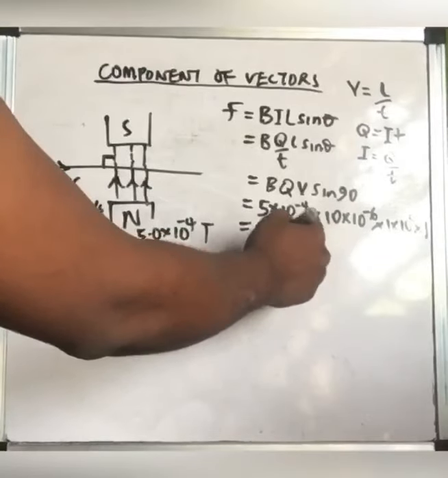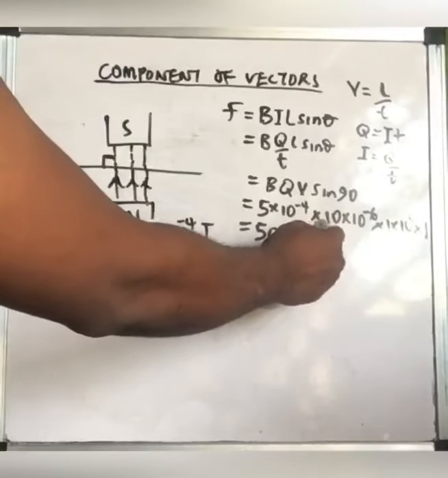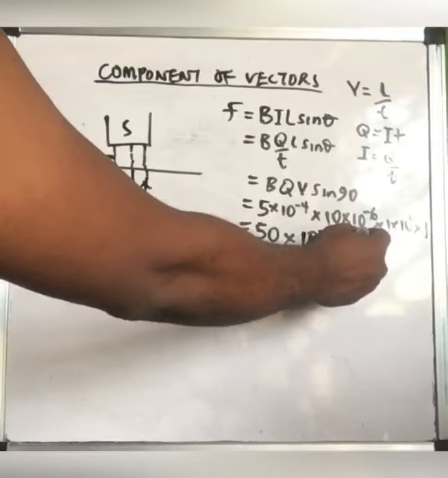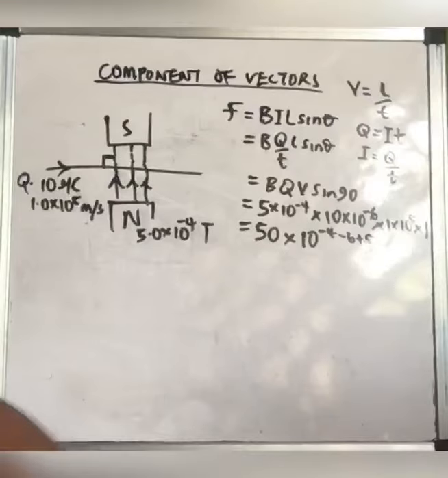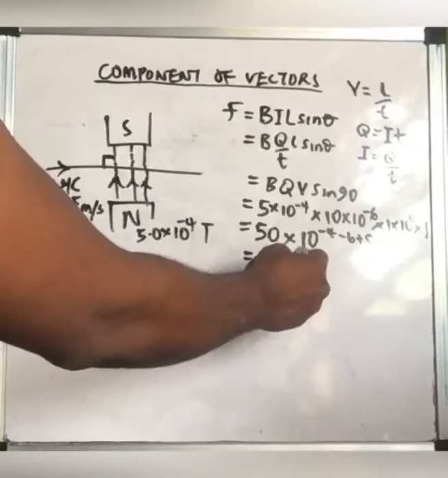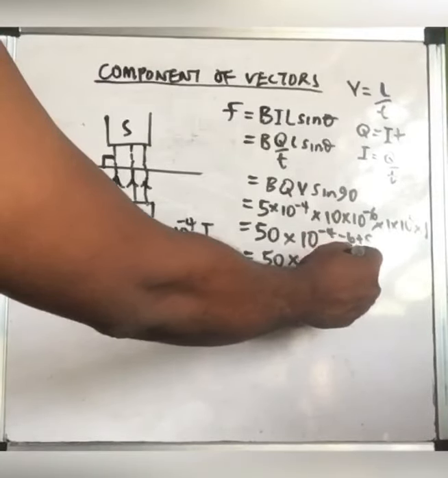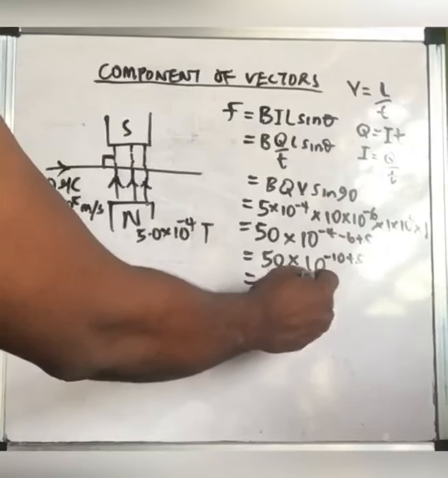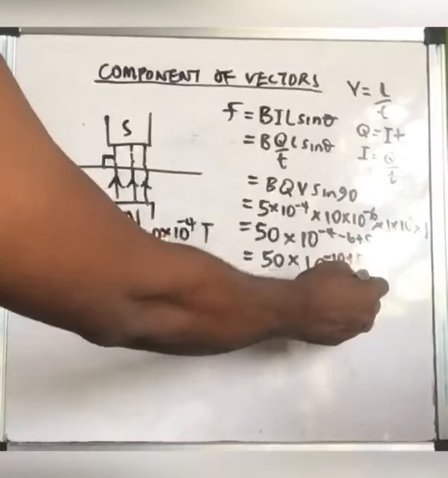Then 10 raised to power minus 4 times 10 raised to power minus 6 times 10 raised to power 5 is 10 raised to power minus 4 minus 6 plus 5 from laws of indices, times 1. So we have 50 times 10 raised to power minus 10 plus 5. And that will give us 50 times 10 raised to power minus 5 Newton.